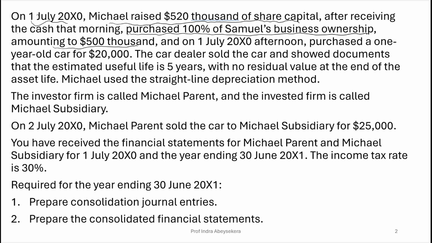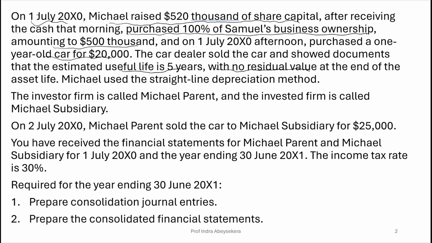And on 1st of July 20X0 afternoon, the same day, Michael purchased a 1-year-old car for $20,000. The car dealer sold the car and showed documents that the estimated useful life is 5 years with no residual value at the end of the asset life.